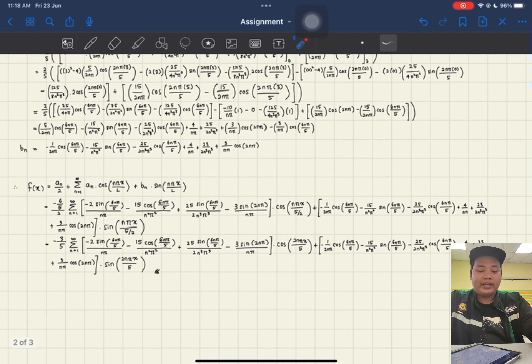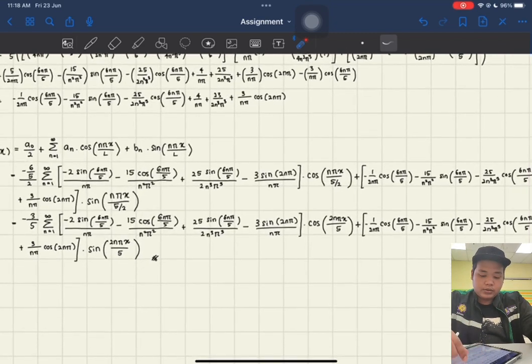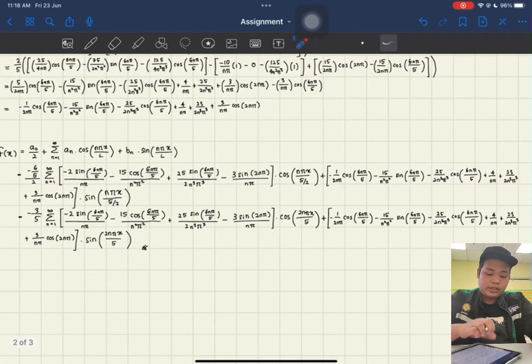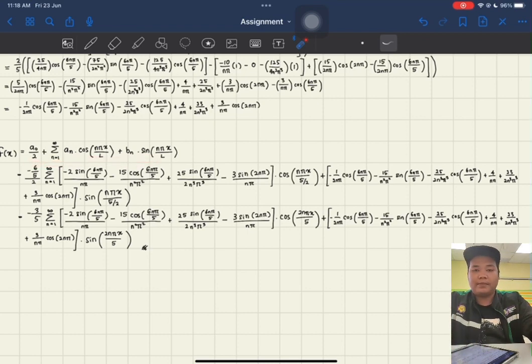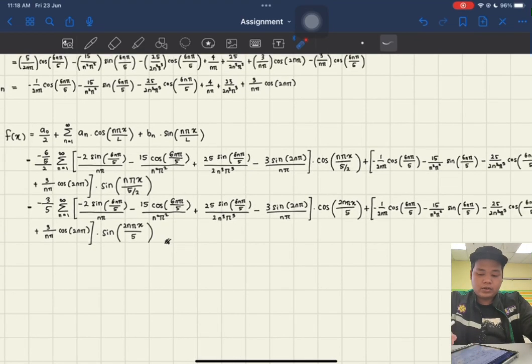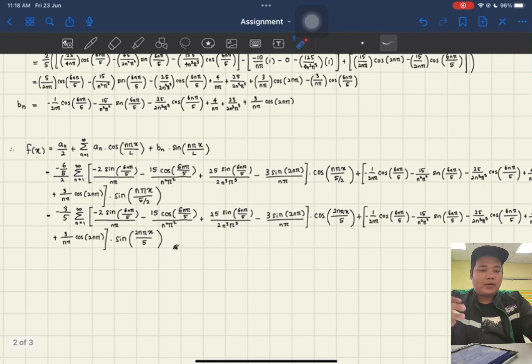After that, we already have our a naught value, an value and bn value. So now we are ready to find our fx function for our series. The equation is like this: a naught over 2 plus summation of an cos n pi x over L plus bn sin n pi x over L. So we only need to copy back our answers for a naught, an and bn from our previous calculation into this function.